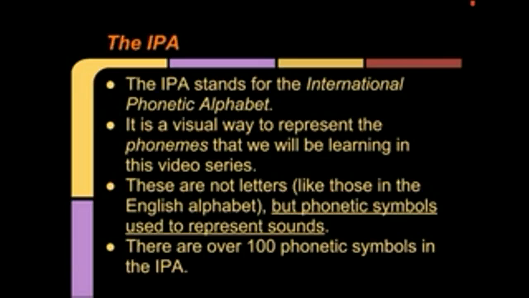The IPA stands for the International Phonetic Alphabet. It is a visual way to represent the phonemes that we will be learning in this video series. These are not letters, like those in the English alphabet, but phonetic symbols used to represent sounds. There are over 100 phonetic symbols in the IPA.